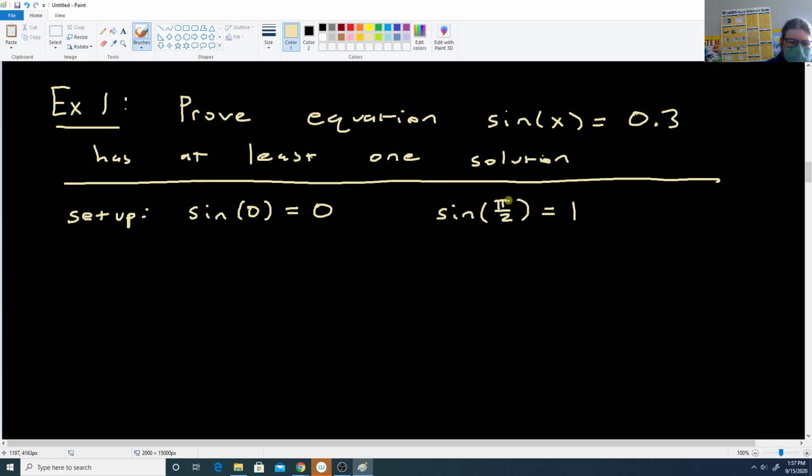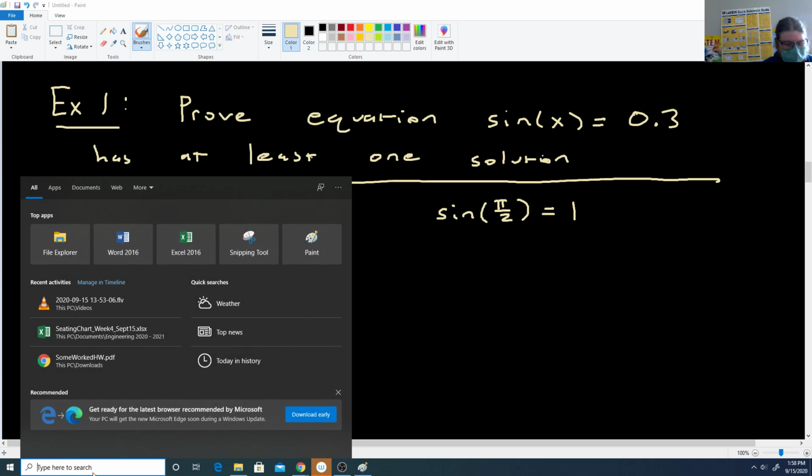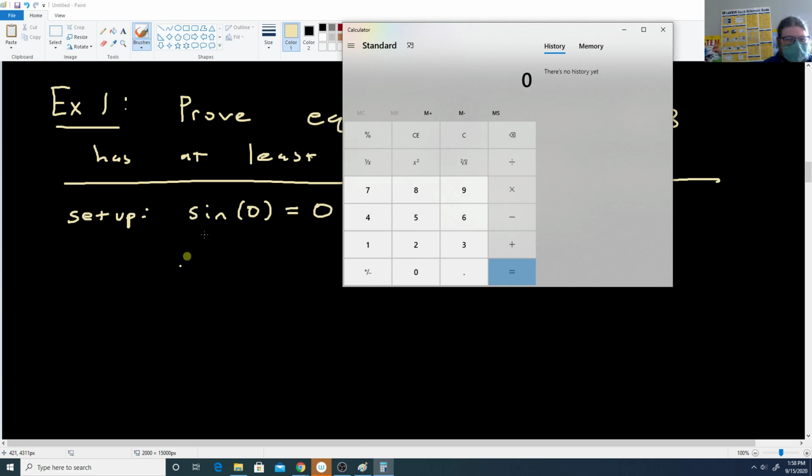I could choose a different sine value here, I don't necessarily have to go up to 1. If I could get, like, sine of square root of 3 over 2, let's see, is that right? Let's see what square root of 3 over 2 is. If that's bigger than 0.3, we could use that as well. Let's see, square root of 3 divided by 2.